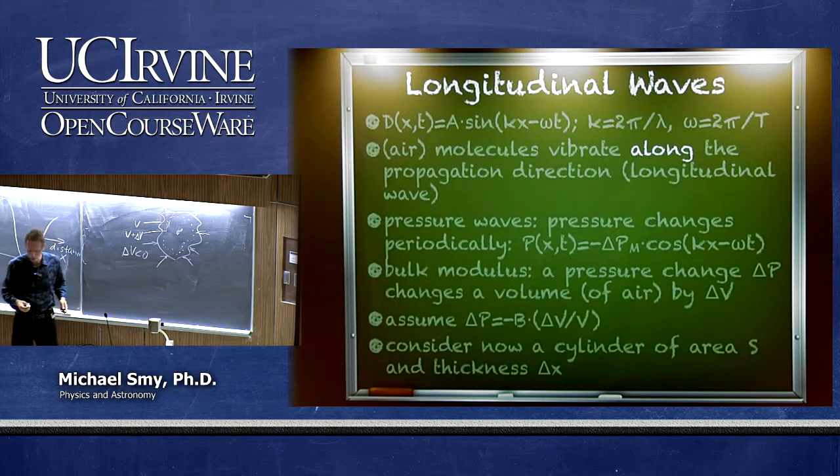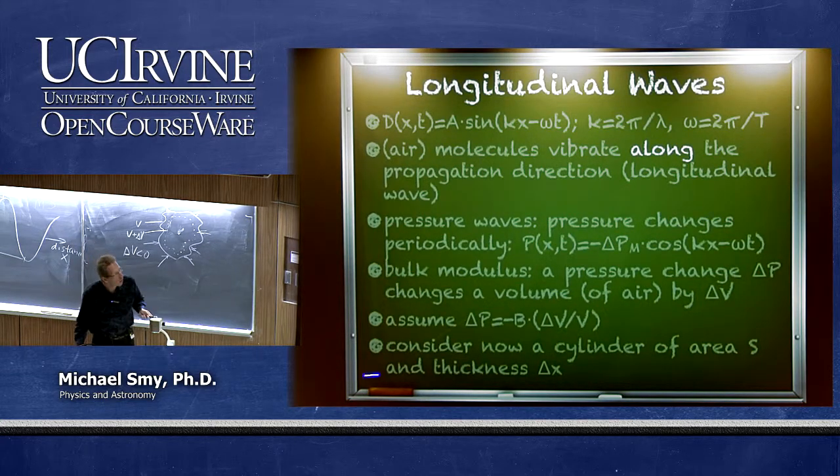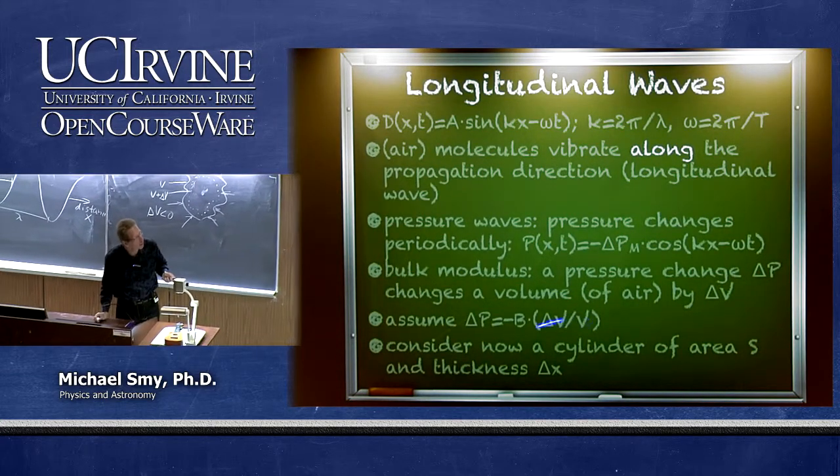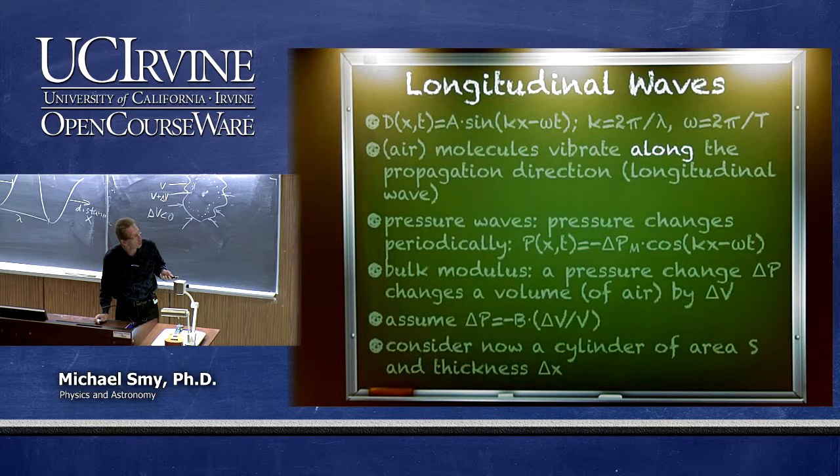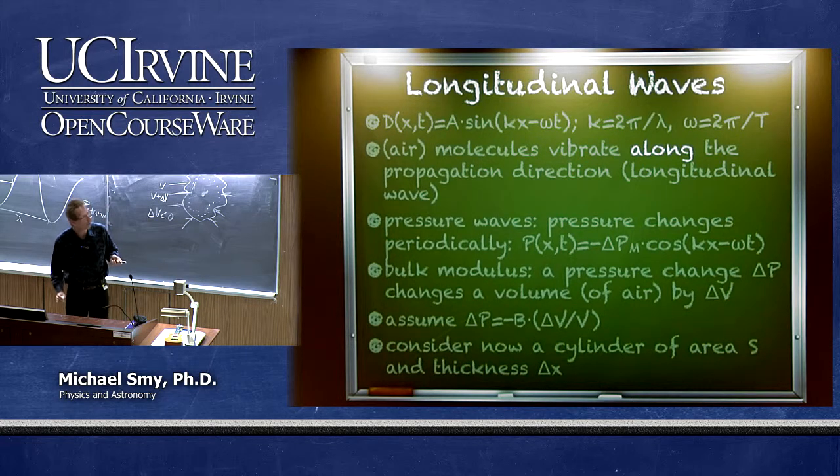Then we can relate the ratio of the volume change divided by what the volume was originally to the pressure difference by a constant which is called the bulk modulus. And it's usually denoted with a capital B.